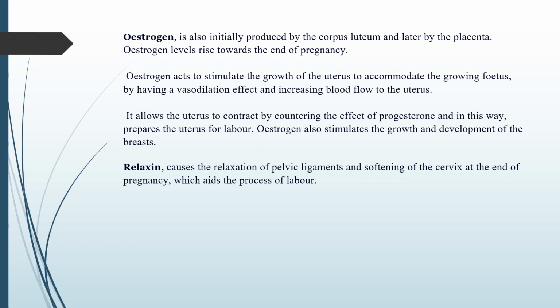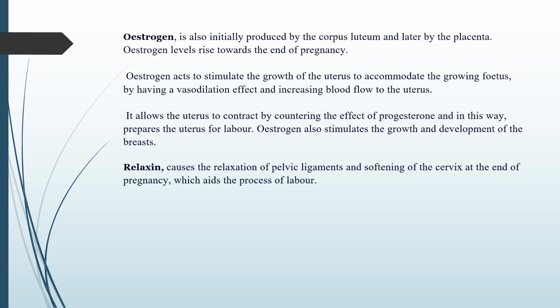Estrogen. It is also initially produced by the corpus luteum and later by the placenta. Estrogen levels rise towards the end of pregnancy. Estrogen acts to stimulate the growth of the uterus to accommodate the growing fetus by having a vasodilation effect and increasing blood flow to the uterus.